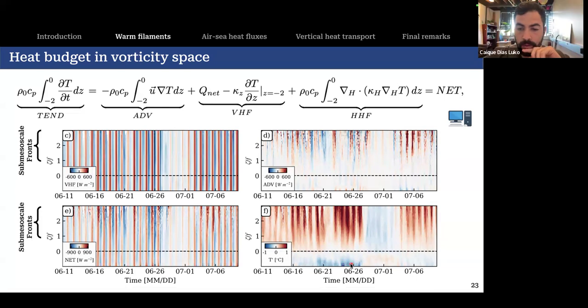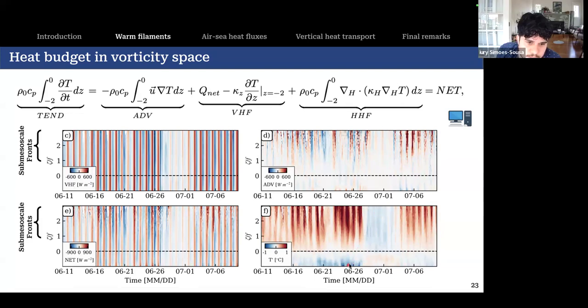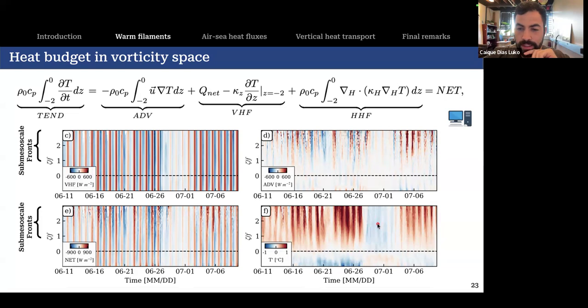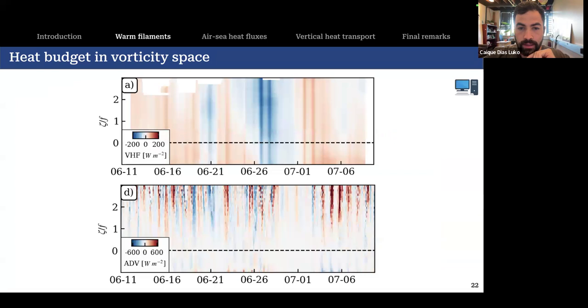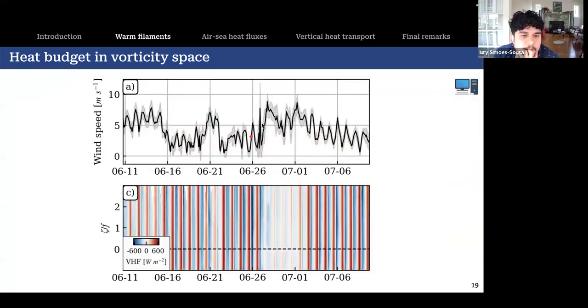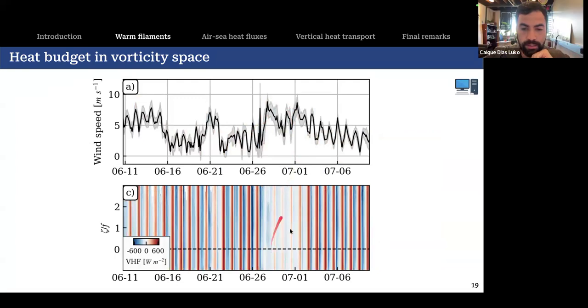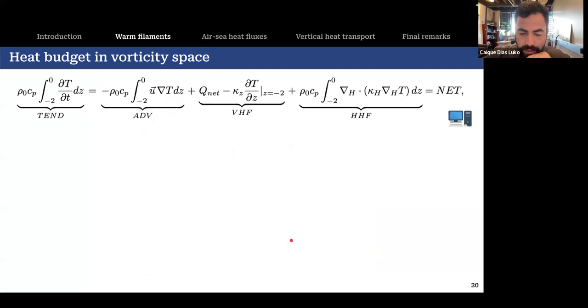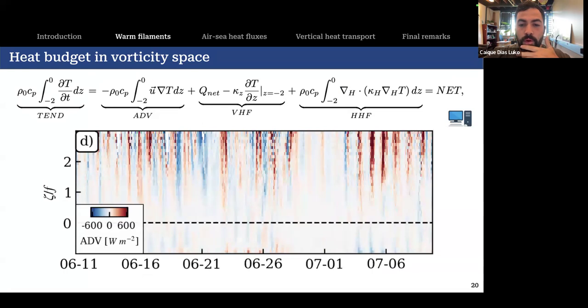You mean the cooling I have here? Yes, the cooling for high Rossby numbers. Okay. So I think this is a period where again the winds are higher and the vertical heat fluxes are not imposing a lot of heat here. Besides the winds being higher, it was also net cooling instead of net warming.